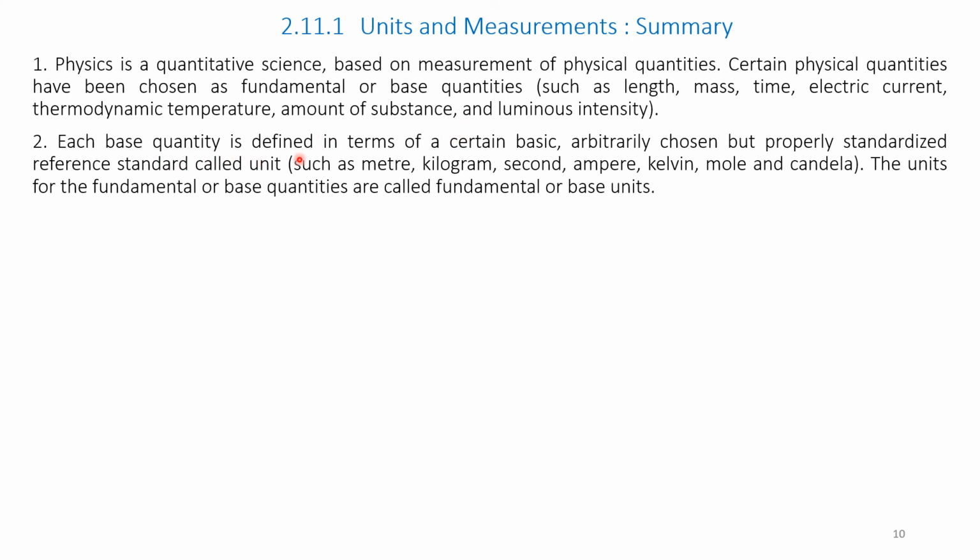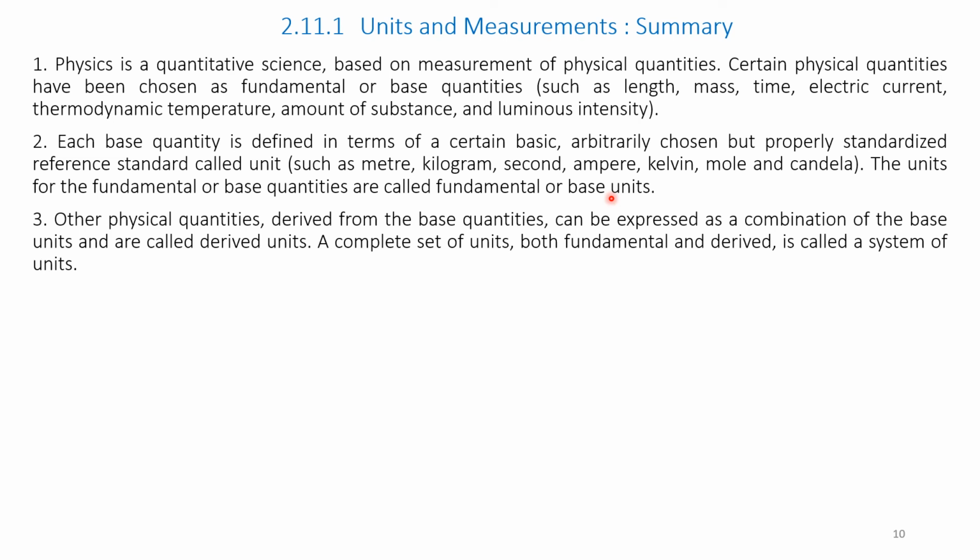Each base quantity is defined in terms of certain basic, arbitrarily chosen but properly standardized reference standard called unit, such as meter, kilogram, second, ampere, Kelvin, mole, and candela. These are called fundamental base units. Other physical quantities derived from the base quantities can be expressed as combinations of base units and are called derived units.